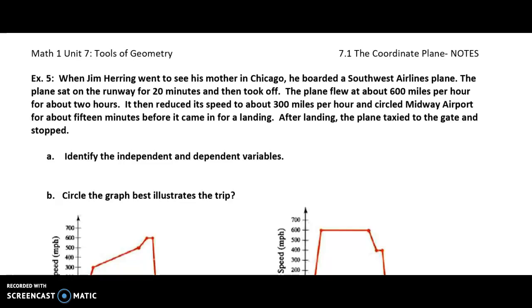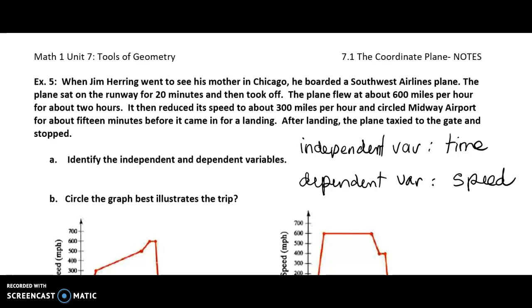Let me give you some time here to read through example number 5. Let's see if you can identify the independent and dependent variables in this situation. All right, so in this scenario with the plane, the independent variable is time, while the dependent variable is how fast the plane is flying.